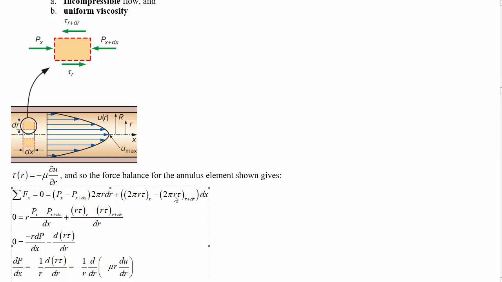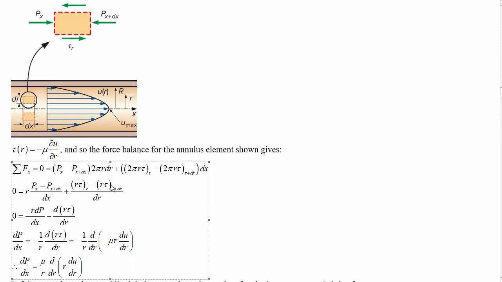We can take out the 2 pi and factor that out of every single term, so that's gone. We can also cross divide by the dr and the dx to write things in this form. Okay.